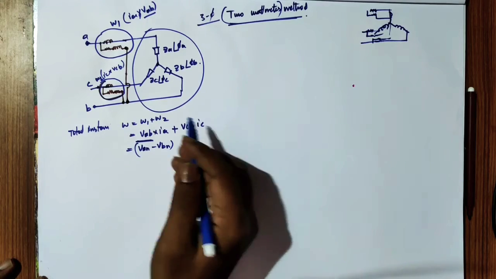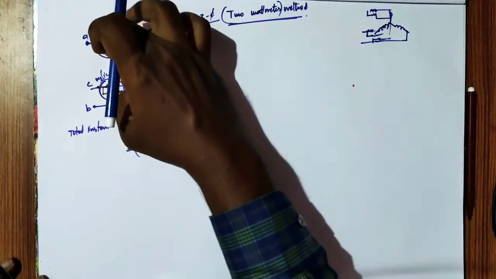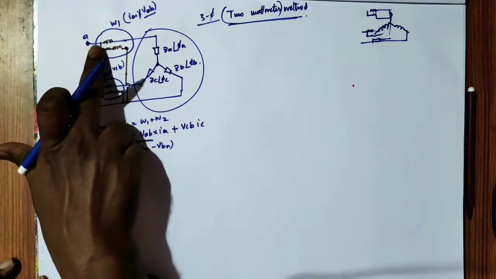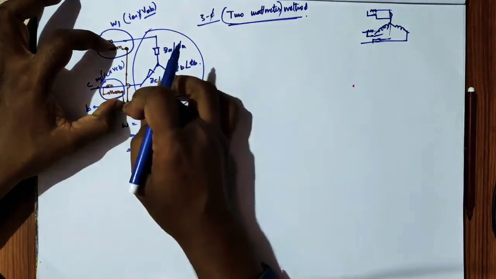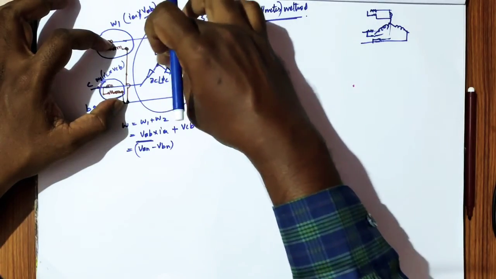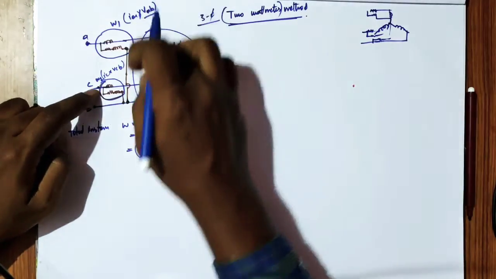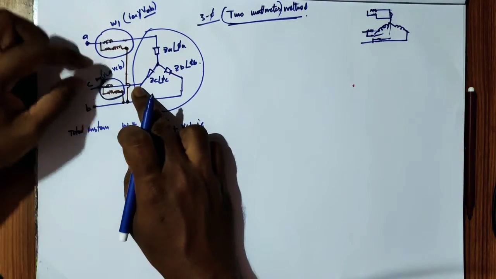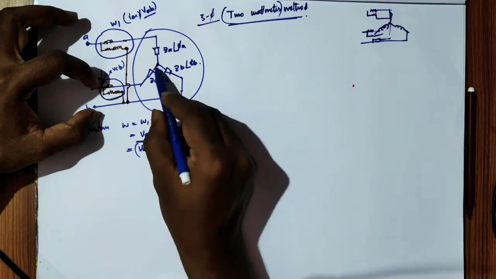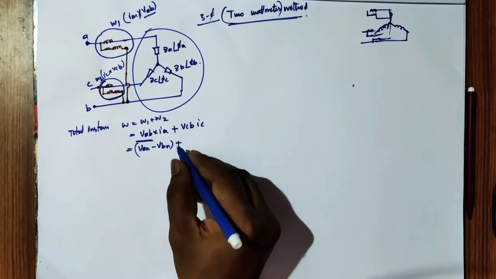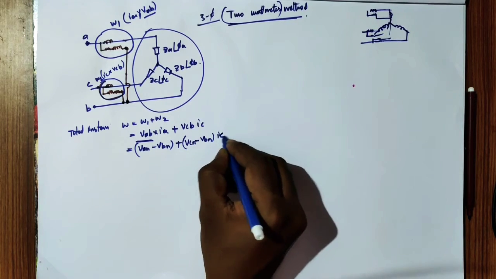You know this; applying KVL here gives this. Again VCB means the voltage across VCB, that is VCN minus VBN. So W2 is VCN minus VBN into IC.